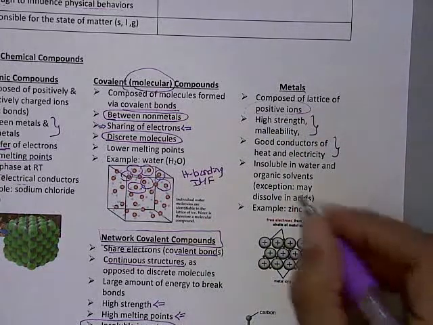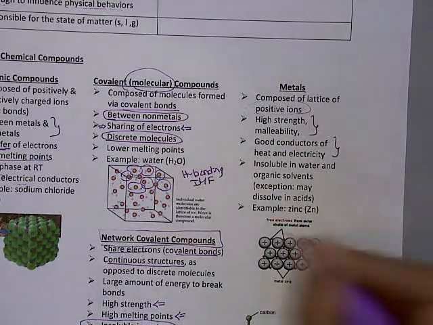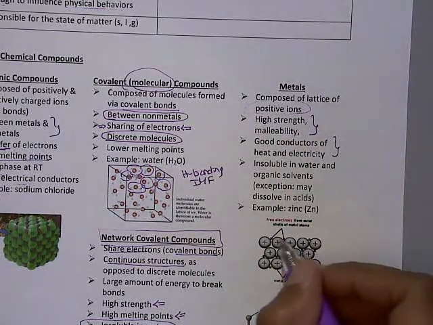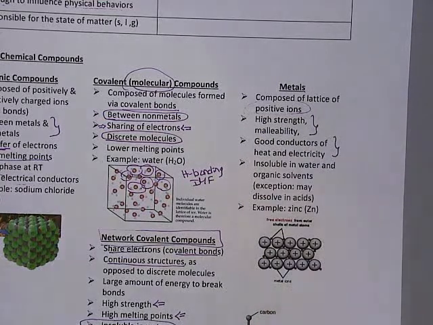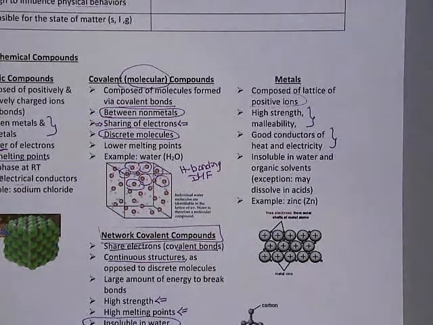And the reason is that in metals, the electrons are free to roam between one another. And as we mentioned in class, what allows for a metallic bond to happen is the electron cloud is now attracted to the positive nucleus.